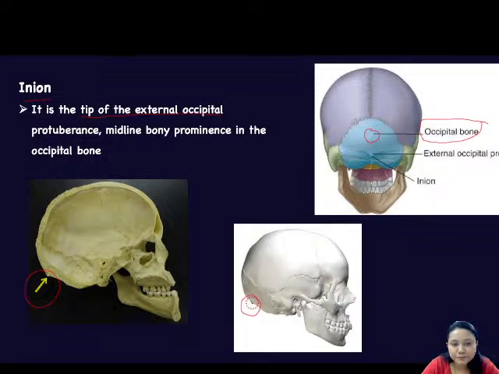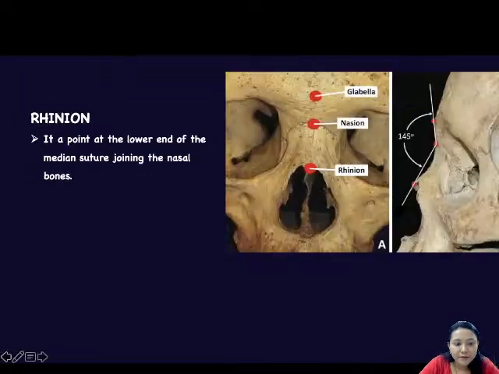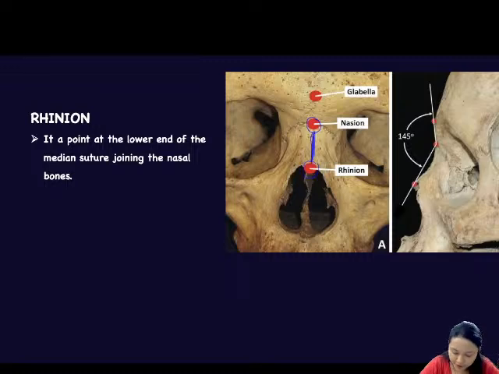ठीक है. What is rhinion? तो हमने पढ़ लिया nasion. अभी rhinion क्या है? So you know that this is the internasal suture. Okay. So इसका upper end is known as nasion and the lower end is known as rhinion.